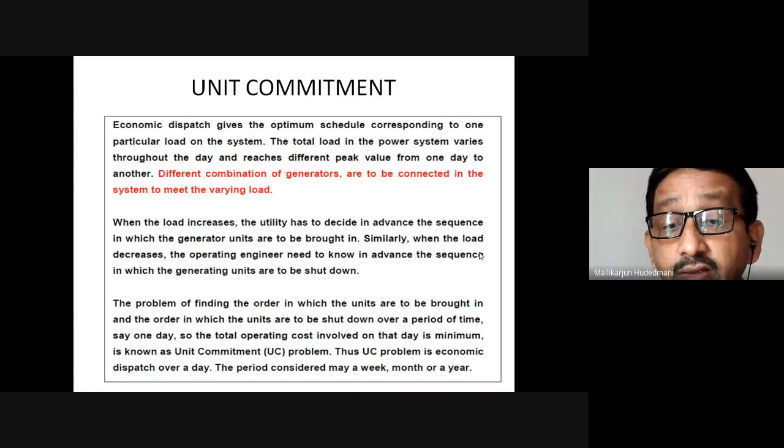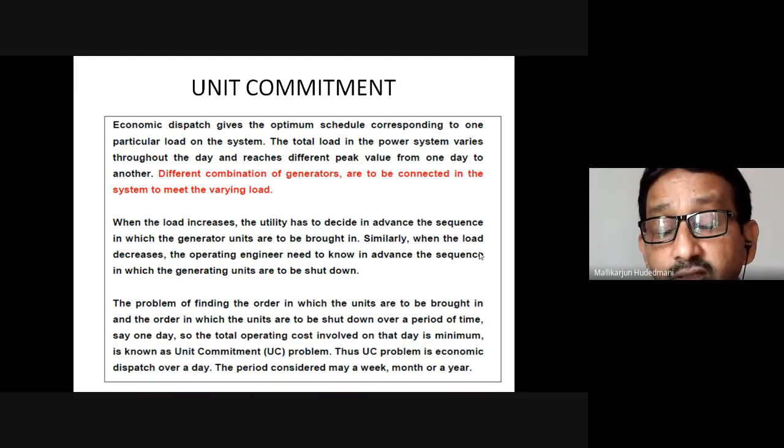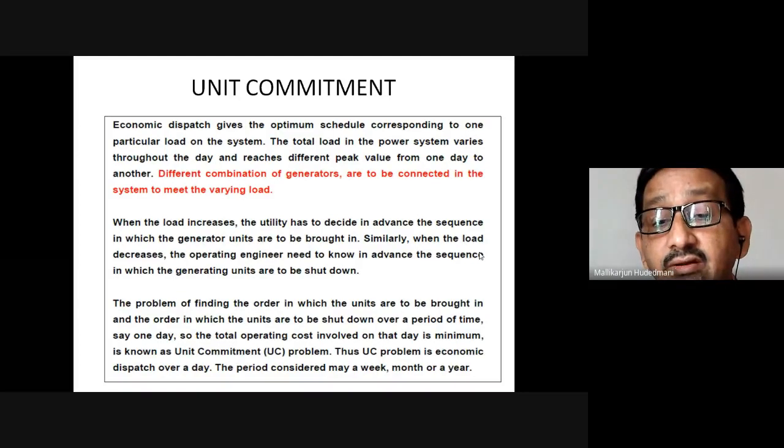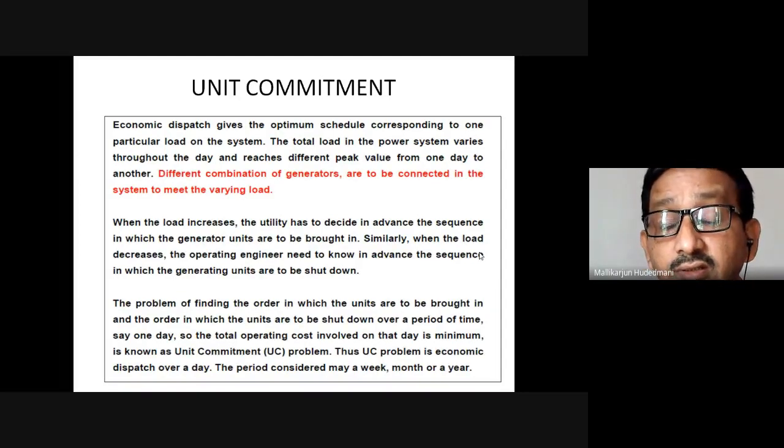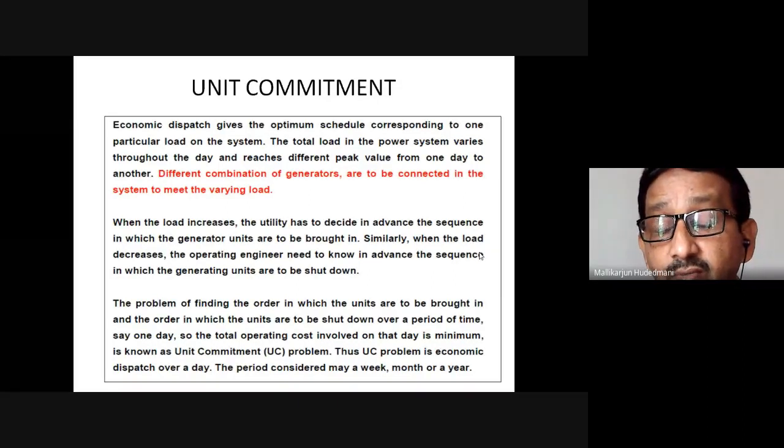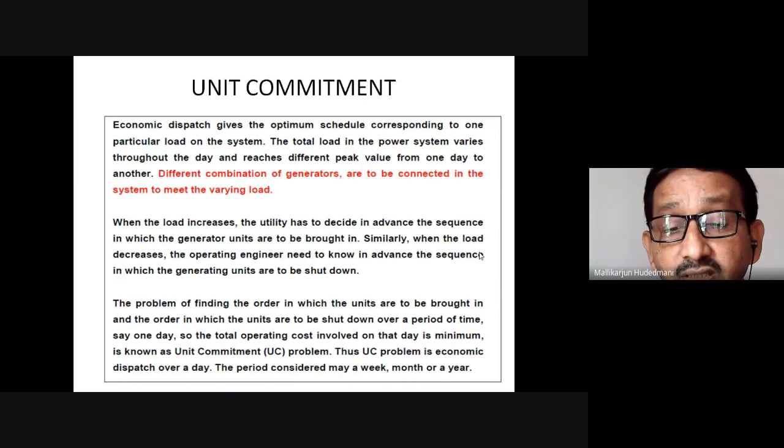It does not guarantee whether the power being generated is delivered to the end user by a low-loss path, or how it is delivered. Therefore, the other type of study in the economical operation of a power system is optimal power flow.